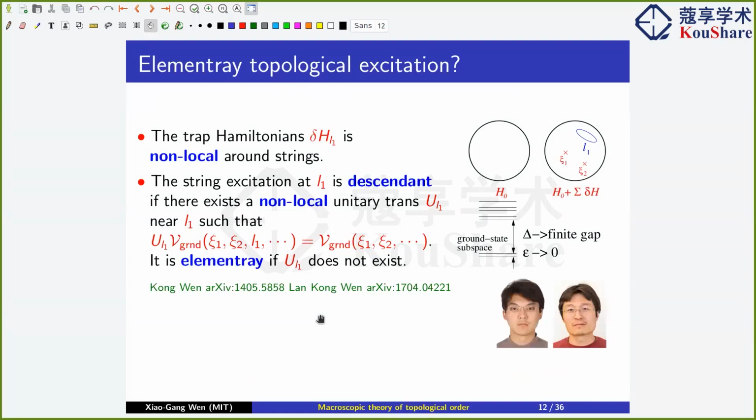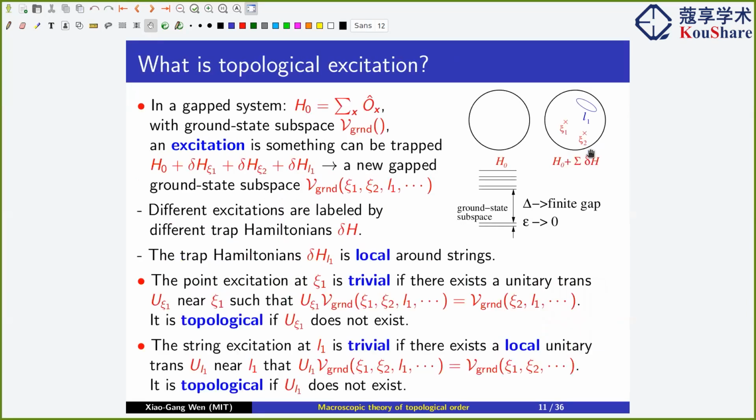Then there's a subtlety. This subtlety turns out to be very important, and it still feels very uncomfortable. I think for me, I still feel very uncomfortable. The subtlety appears in higher dimensions. When you have a point-like excitation, we don't have such a subtlety. But when you have a string-like or membrane-like excitation, there's a subtlety. At the beginning it looks like it's not a subtlety.